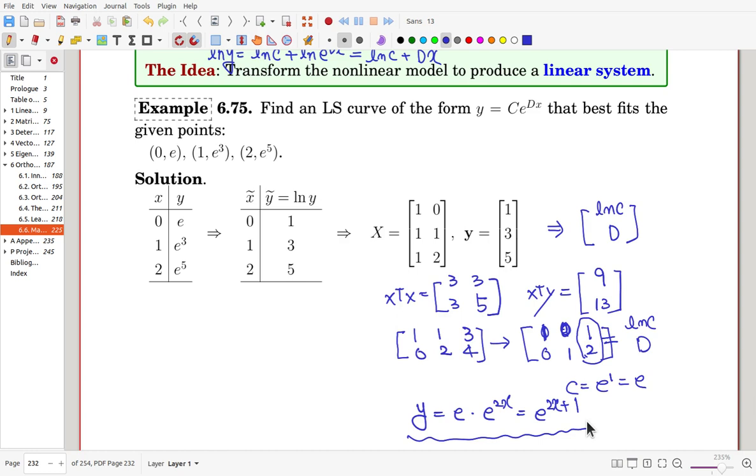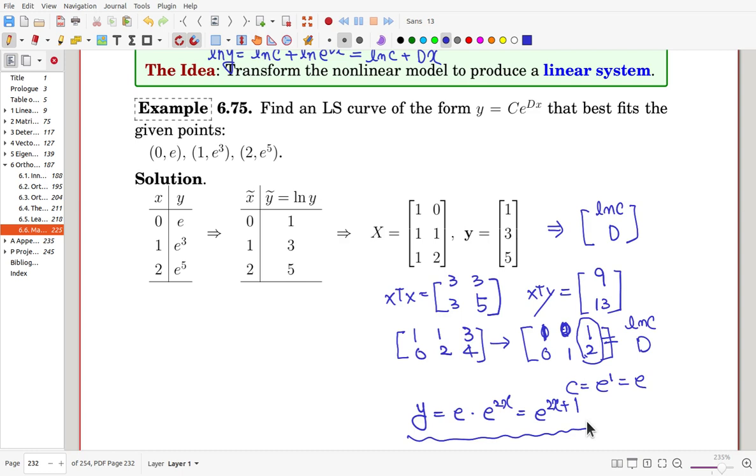So by transforming the nonlinear model, you can get a linear model, and finally you can get a linear system. Once you get a linear system, then you can usually get the solution. Sometimes you cannot, if the normal matrix is not invertible.